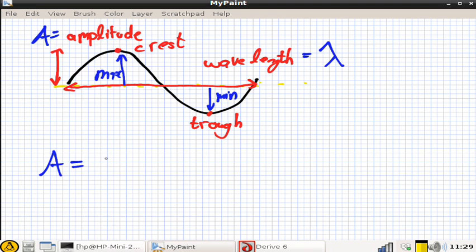The wave vibrates parallel to the direction of movement.